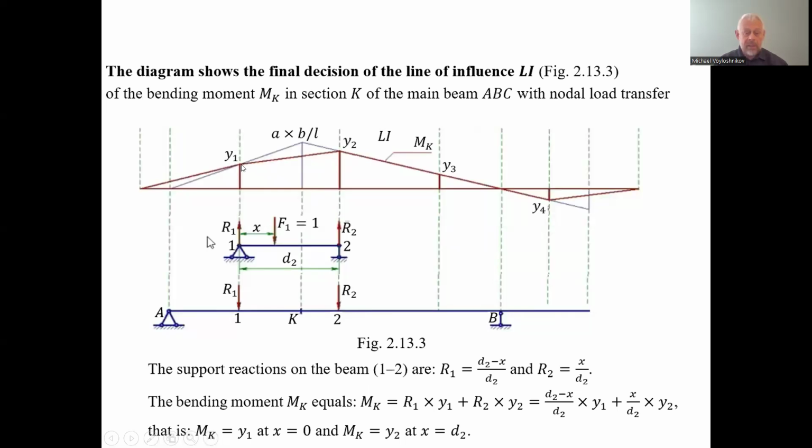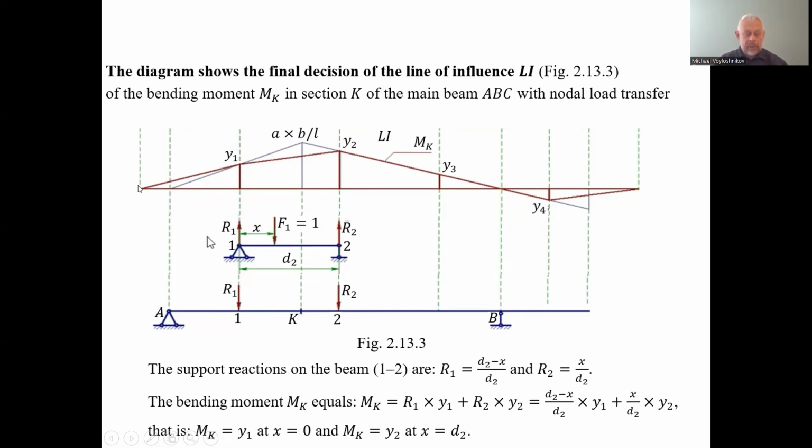We have only the connections at the points of transmission of the moving load, the points of transmission from the auxiliary beam to the main one.